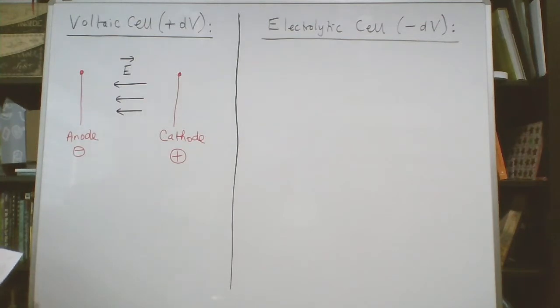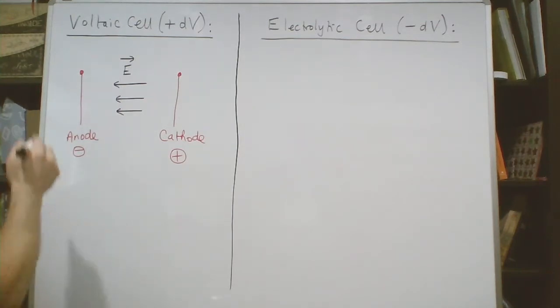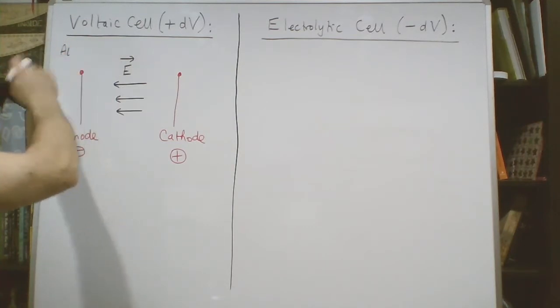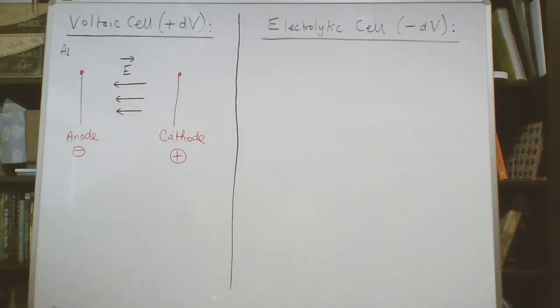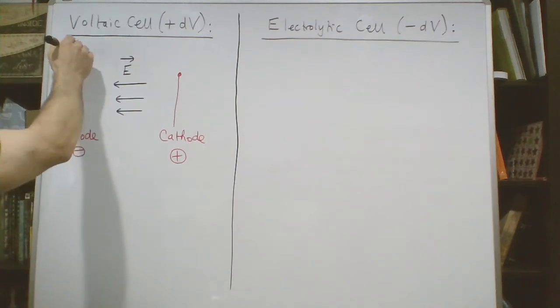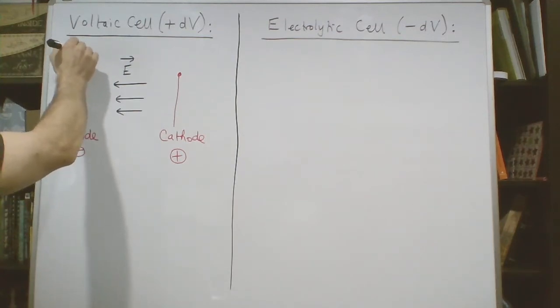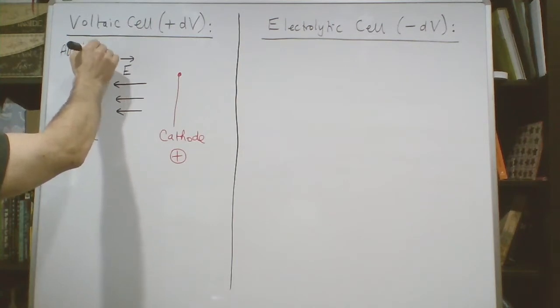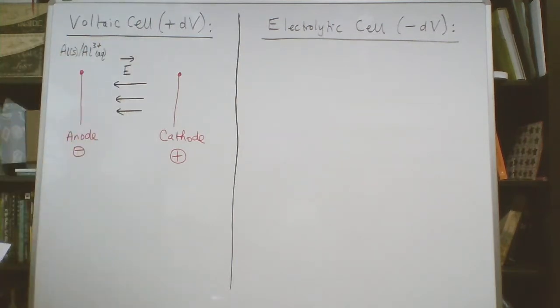And we'll take the specific example that we've used in a previous video, just so we can put some numbers in. We can take aluminum as our electrode material and the aluminum cation as the electrolyte. That's for the anode.